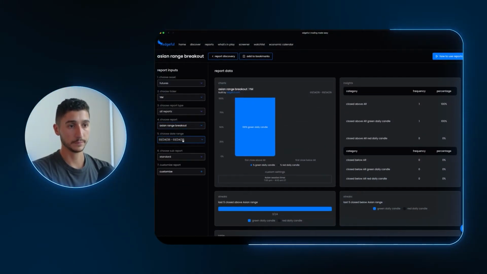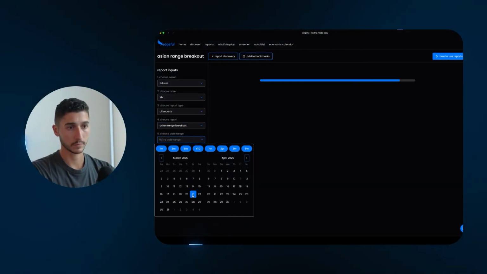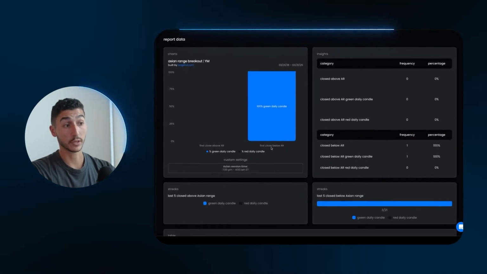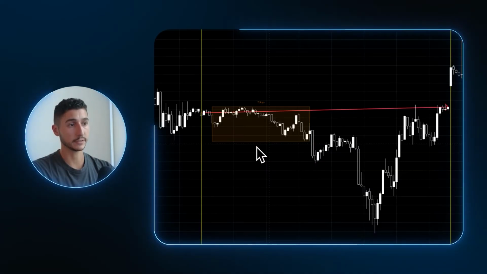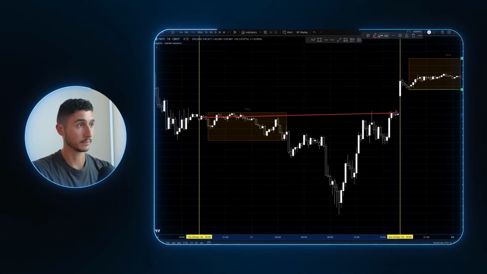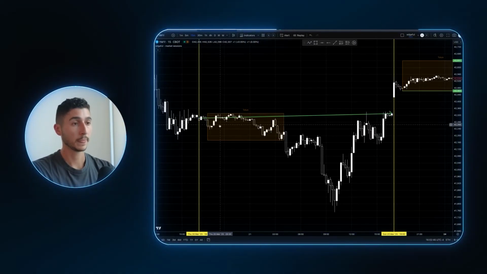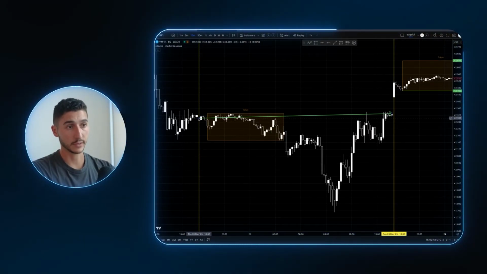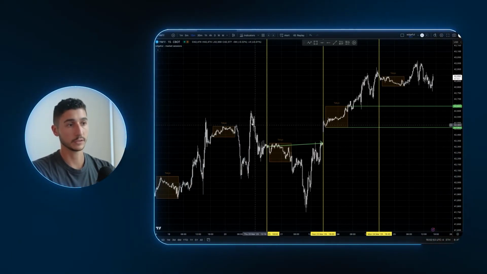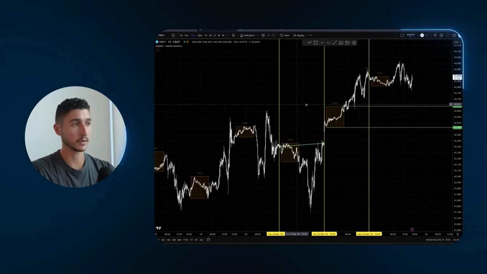Now 21. Perfect. Now you can see first close below, daily candle green. Exactly what I showed you here. First close down here, and I'll just make this green for visual purposes. First candle green, and the reason is because the close of the day was higher than the open. This is universally across the board.